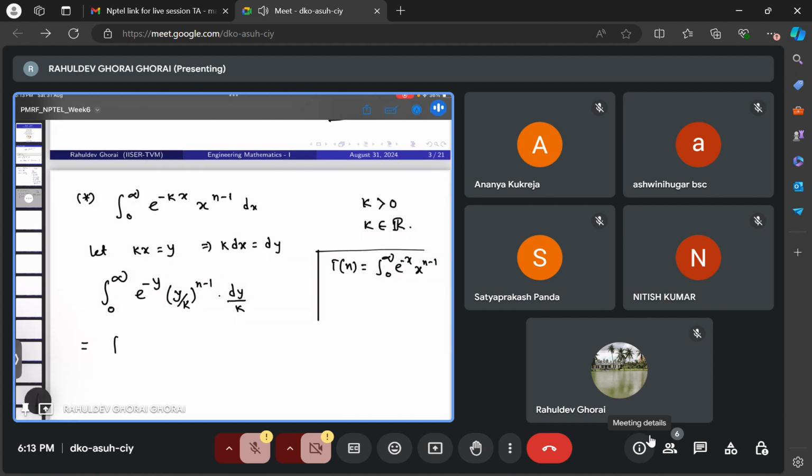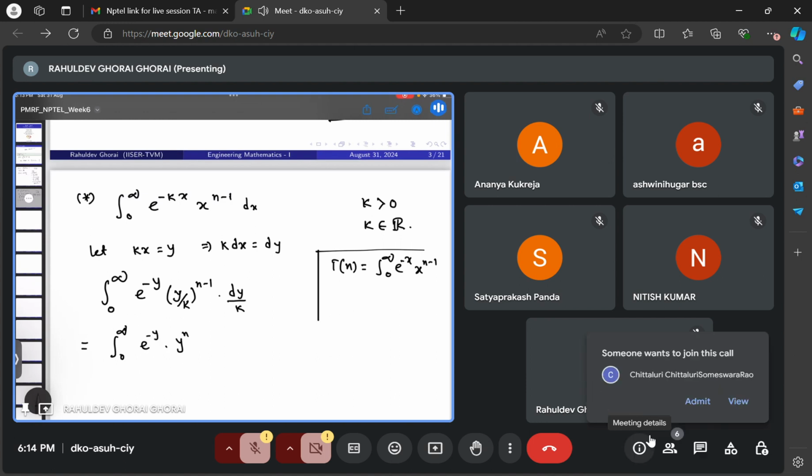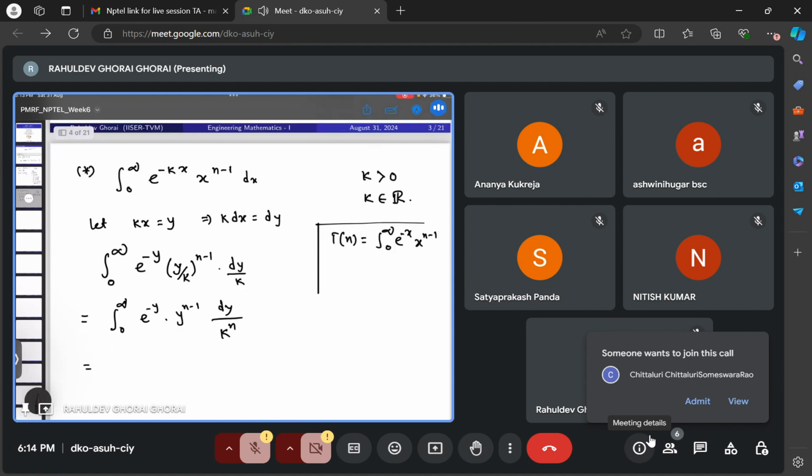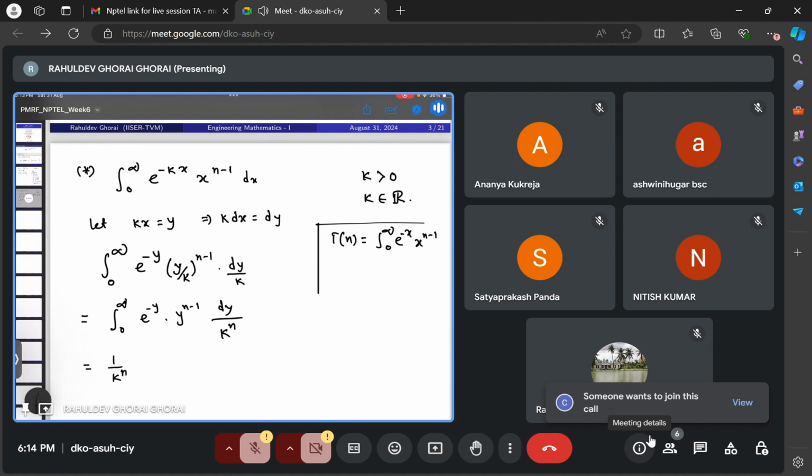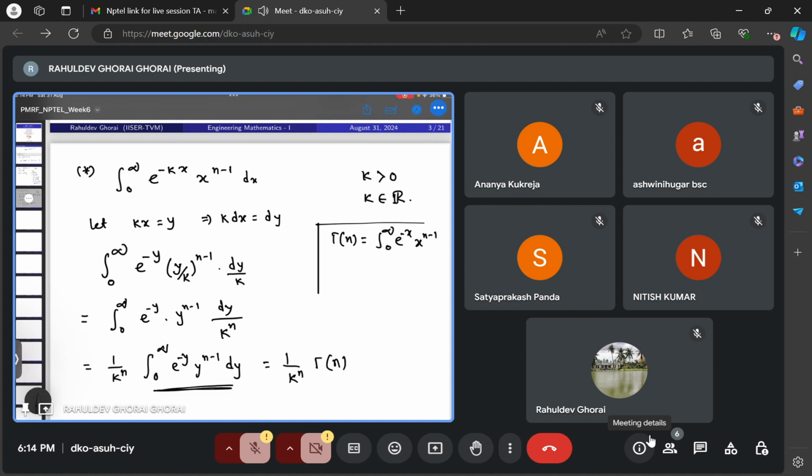So then what happens? 0 to infinity e to the power minus y, y to the power n minus 1, times dy over k to the power n, right? Here k is a constant, and for a fixed n, k to the power n is also a constant. So the integral from 0 to infinity of e to the power minus y, y to the power n minus 1 dy gives you 1 over k to the power n times gamma of n. y is a dummy variable, so this is nothing but the gamma function definition.